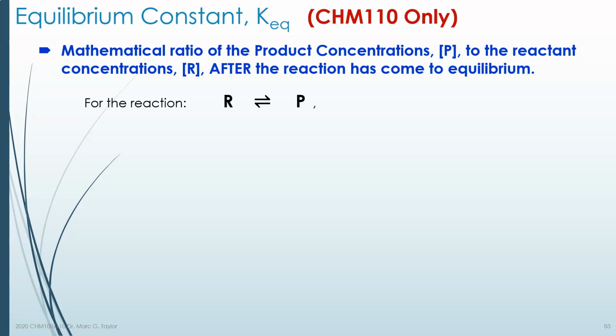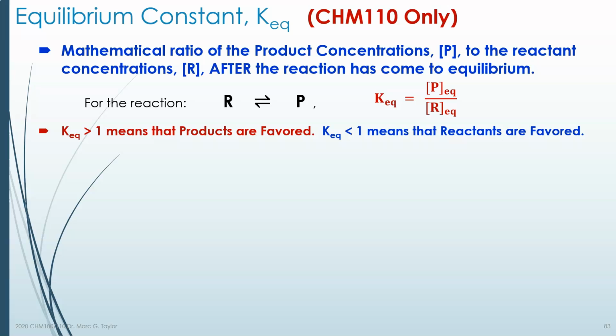If we wait long enough, we can measure the concentration of R at equilibrium, we measure the concentration of P at equilibrium, and it turns out that the equilibrium constant, KEQ, or just simply K, capital K, because small k's have a different meaning in chemistry and physics, capital K equals the concentration of products at equilibrium divided by the concentration of reactants at equilibrium. Now that's the simple formula for the simple reaction of one substance becoming another substance reversibly.